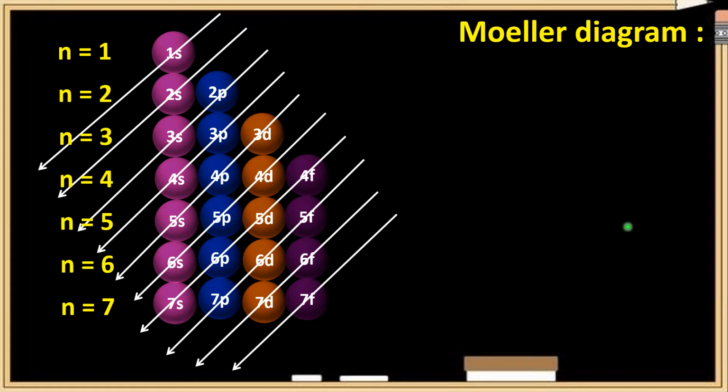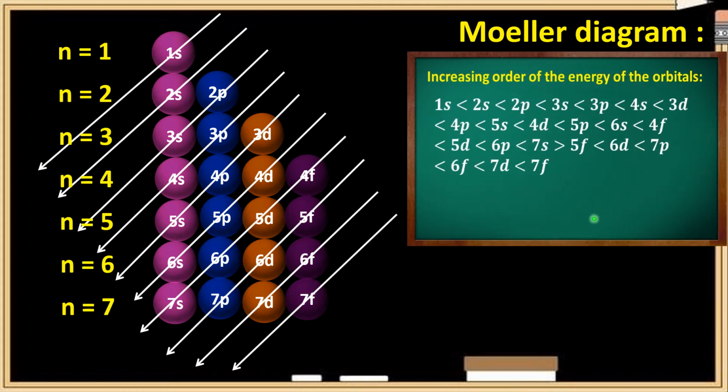Okay, so the arrows which are passing through the orbitals represent the way of filling the orbitals. So first 1s orbital is filled, then 2s orbital, then 2p, next 3s, next 3p, 4s, 3d, 4p, 5s like this.